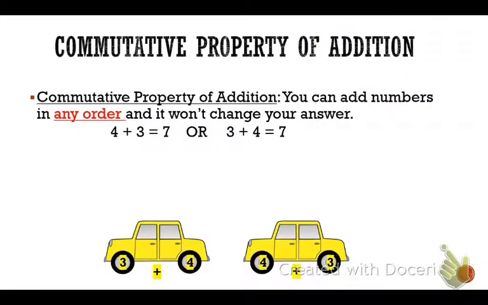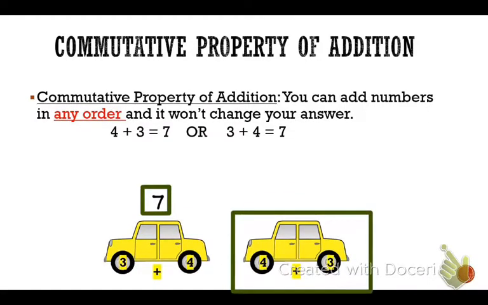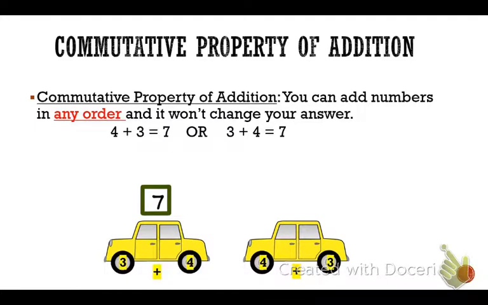So let's look down here at our cars. So here's what's happened to these numbers down here. Let's focus on the first car. It says 3 plus 4. What is 3 plus 4? 7. All right, that is 7. Let's go to the second car over here, and you can see it no longer says 3 plus 4.